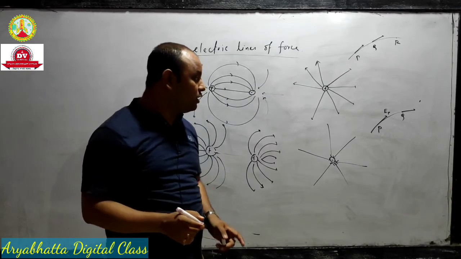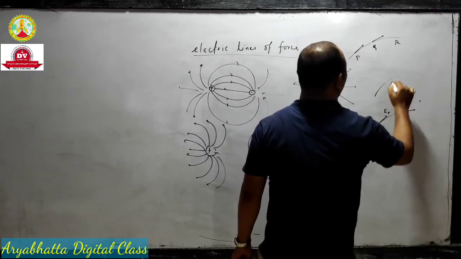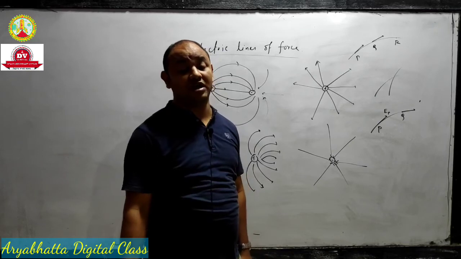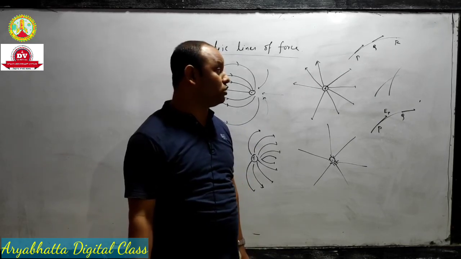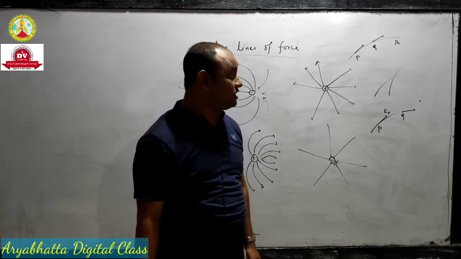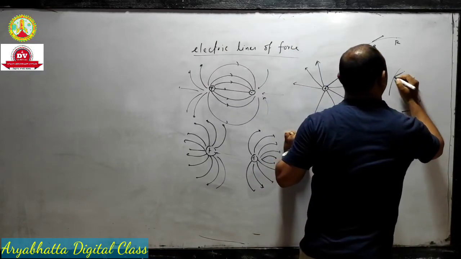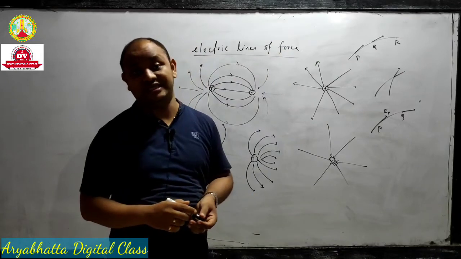Okay, and you remember, two electric lines of force do not intersect. Why do two electric lines of force not intersect? If at a single point two lines of force intersect, then there will be two tangents at a single point.